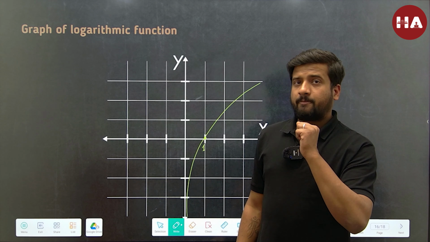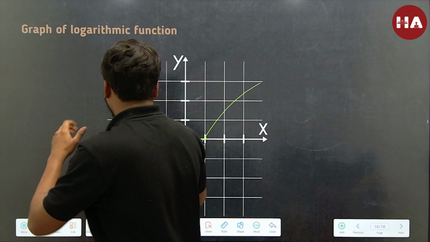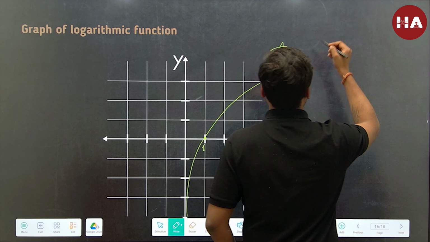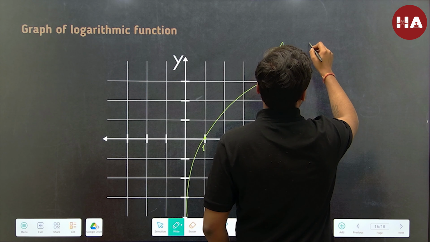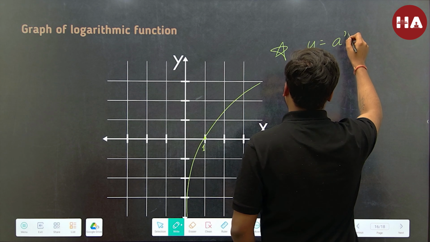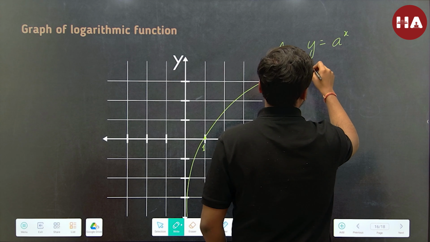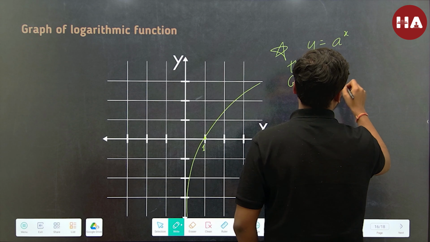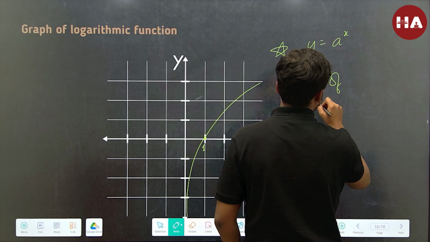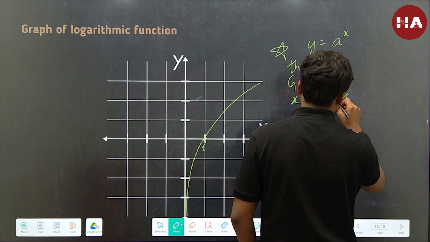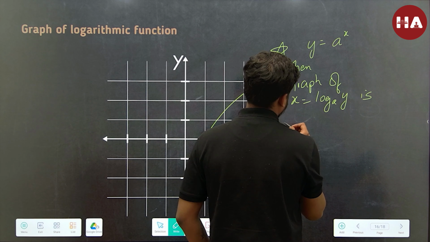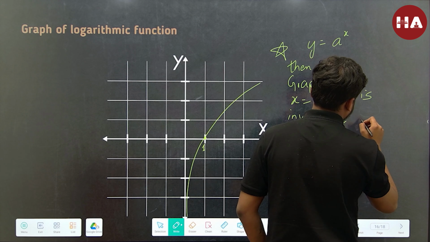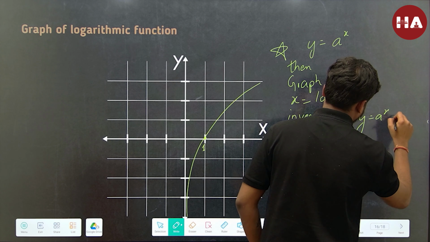All right. Now, how did we derive this value? We can take this also. If y equals a to the power x, then the graph of x equals log y base a is the inverse of y equals a to the power x.